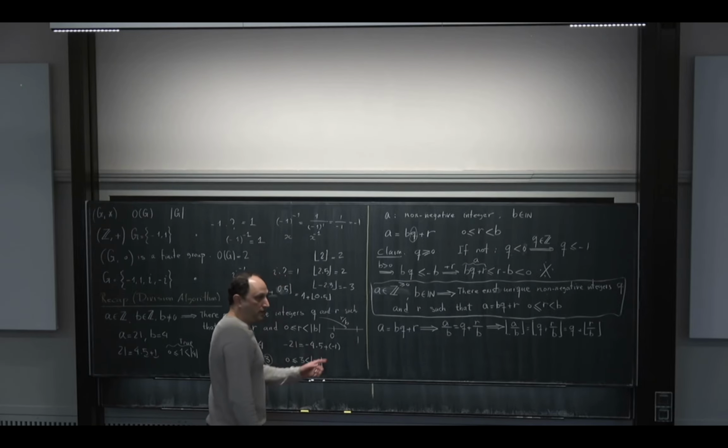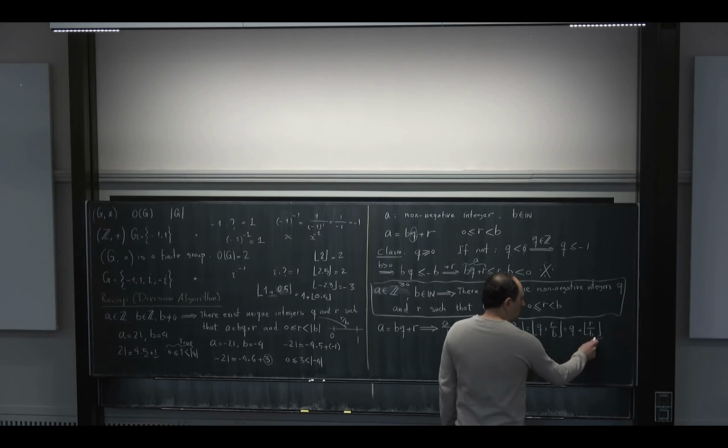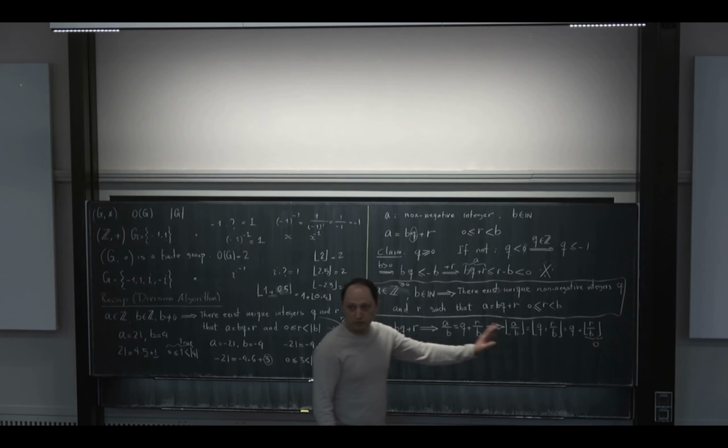If R over B is accidentally at 0, the floor is also 0. But if it is not, it should be somewhere strictly between 0 and 1. Then I go to the left and pick the first integer, which is again 0. So anyway, this one is always 0. Understandable or not? Please interrupt me if you don't understand.